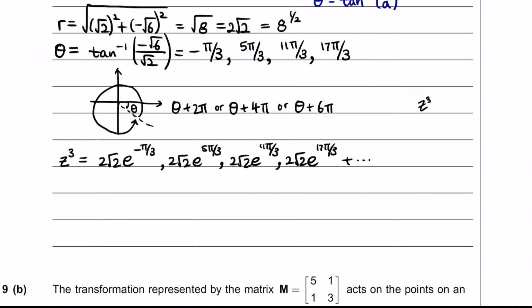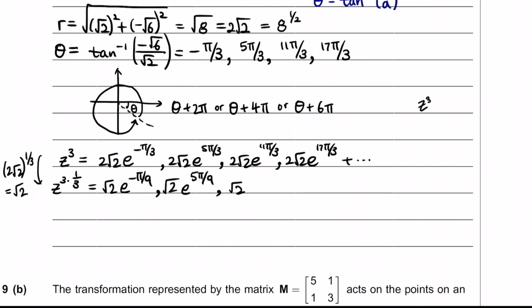Now we're looking for z, not z to the power of 3, because we're solving this question. As the cube root of 2 root 2 is just root 2, it becomes root 2. As you have to do both on number and exponent, this becomes minus pi over 9, 5 pi over 9, and so on.